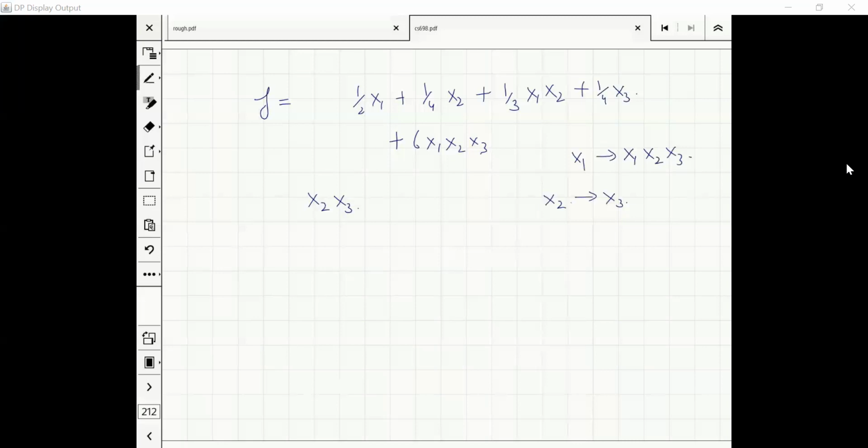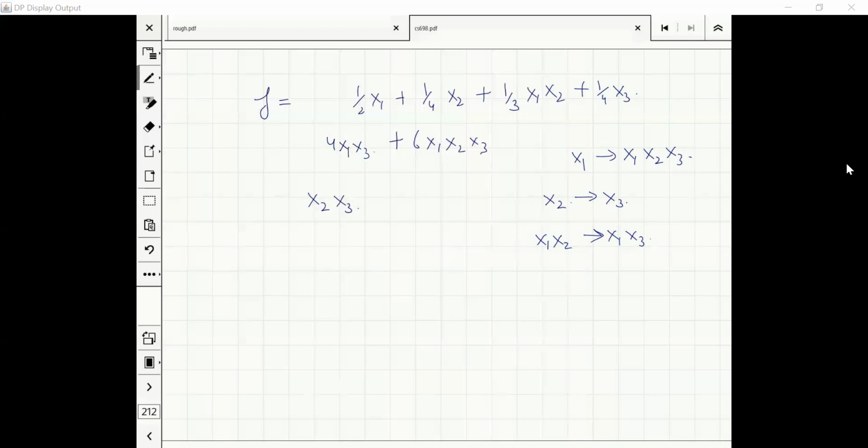Okay, what about x1 x2? X1 x3. Yes, x1 x3. Right? So let's take 4 x1 x3.